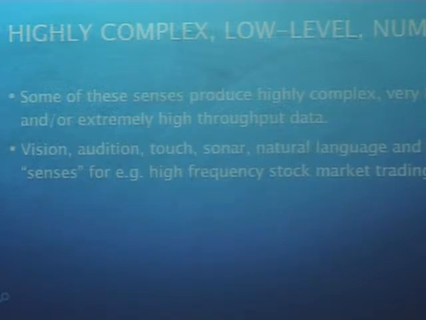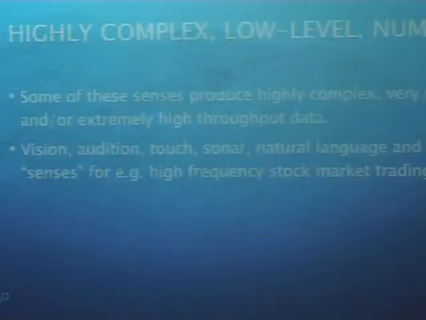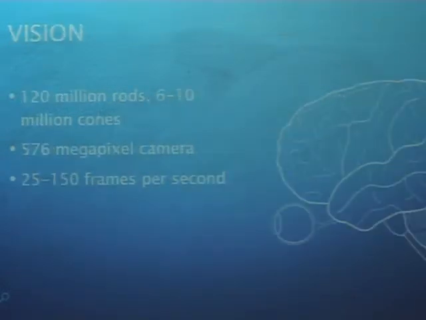So this is the type of sense or perception that I will be talking about mostly. The example that I will be using is vision mostly. I will briefly mention other things, but it's nice to have one example.